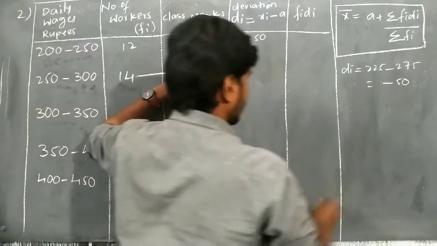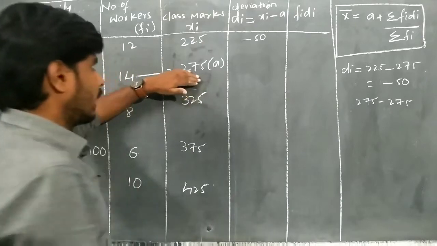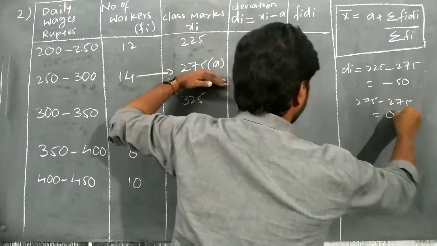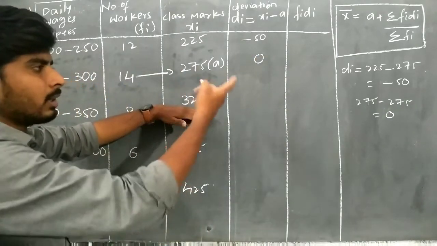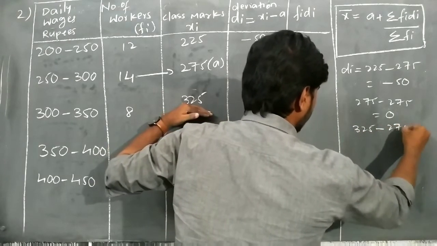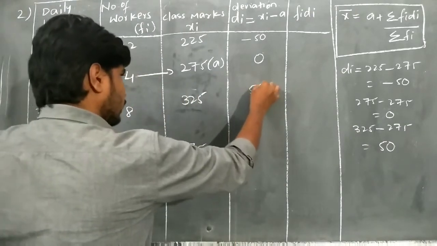Next, coming to the second one, 275 minus 275. Here xi and a are both the same, that is why we get 0, okay. Next, 325 minus a, it means 325 minus 275. It is nothing but 50, okay, right.